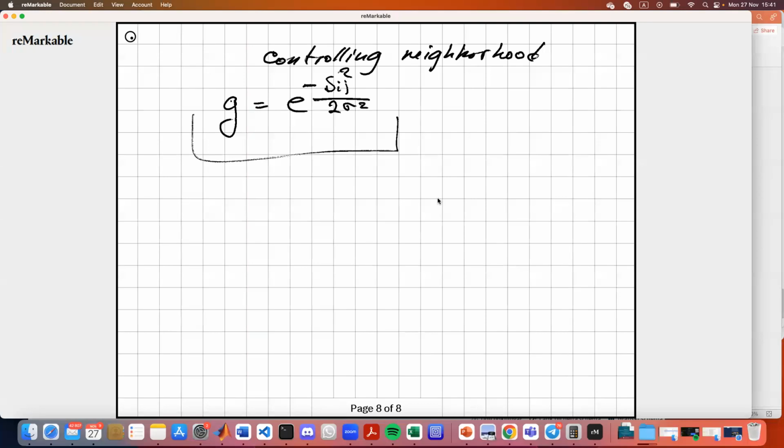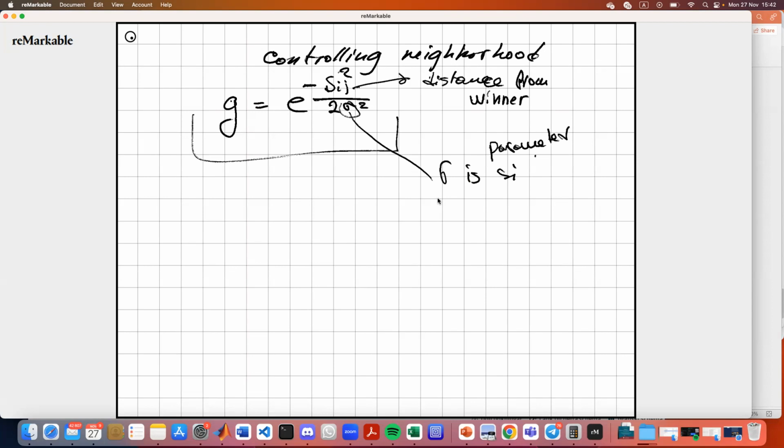If you would plot it, this one is the distance from the winner. This one over here, sigma, is a parameter controlling the size of the neighborhood.